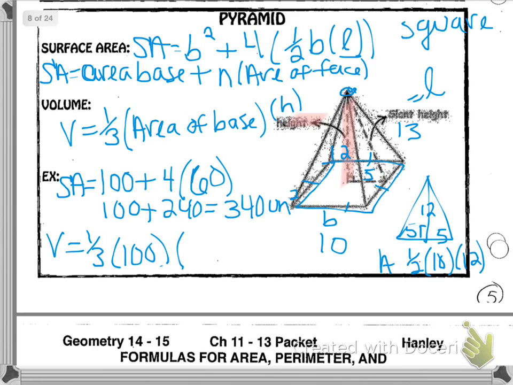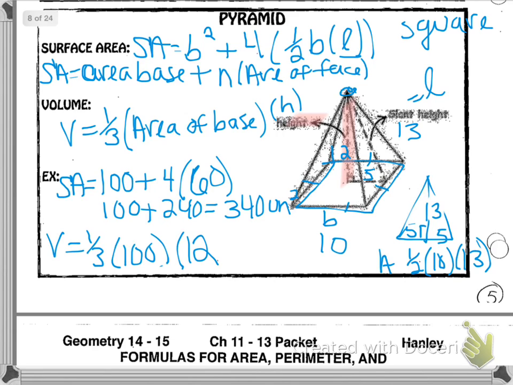And we're going to multiply that by the actual height, which would be 12. Oh, I messed this all up. Sorry, the slant height of your triangle should have been 13 instead of 12, which is going to change what we did here. So, my apologies.